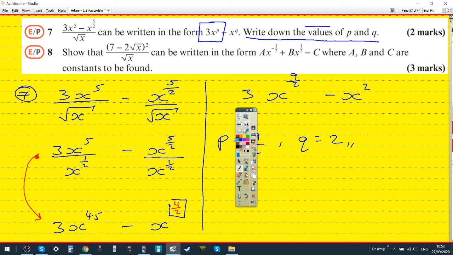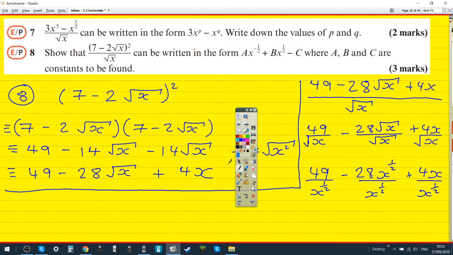You had 5 over 2, 1 over 2. You got 4 over 2. Oh, the x's cancel out in the bottom. And the rule for dividing index numbers? They take away. Let's start with the very last one, 4x over x to the half.